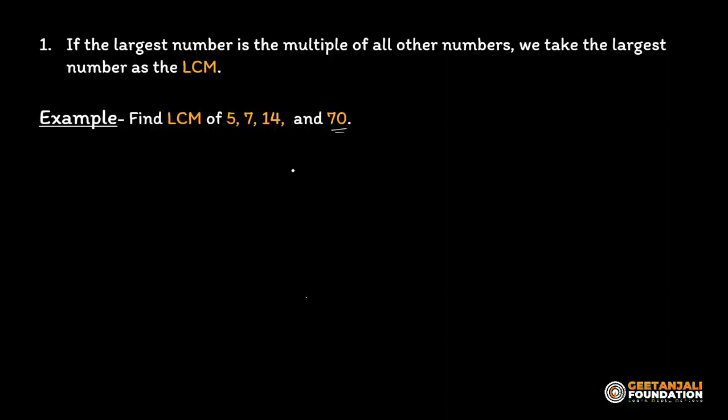We see the largest number is 70. It is a multiple of 5, of 7, and also of 14. 14 5s are 70. So just by looking at these numbers, you can tell the LCM is the largest number, 70.